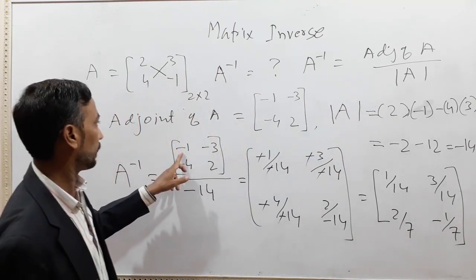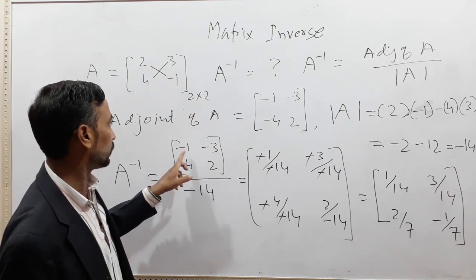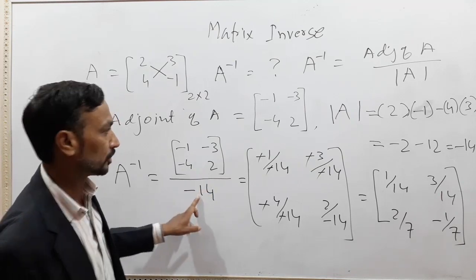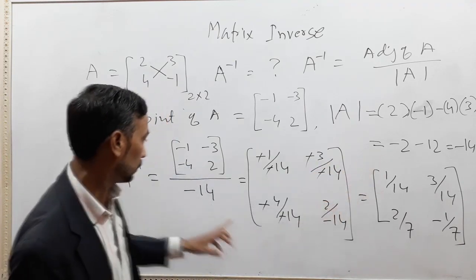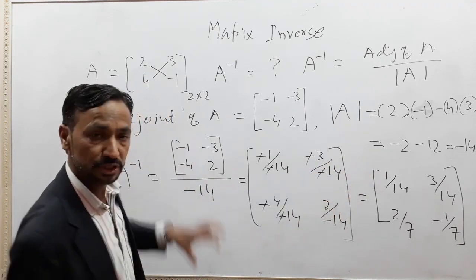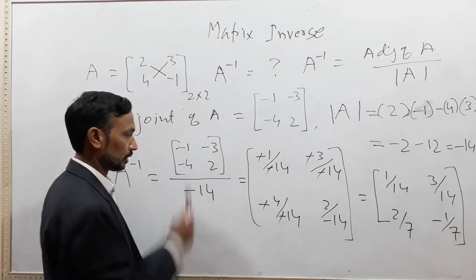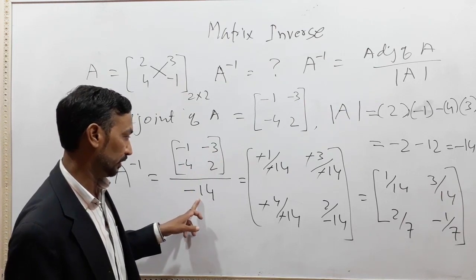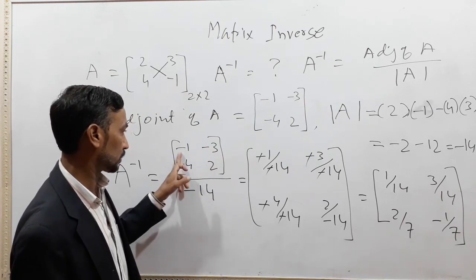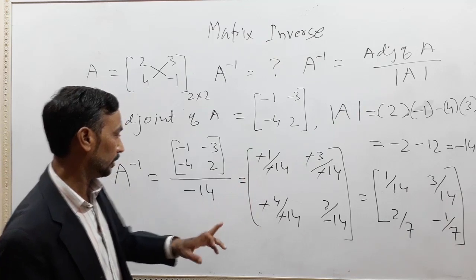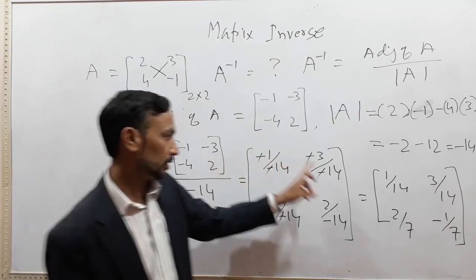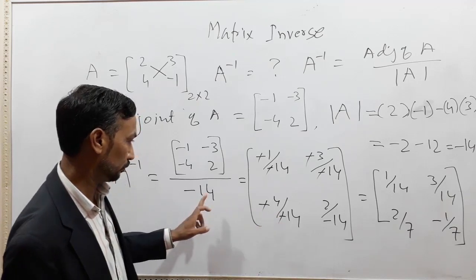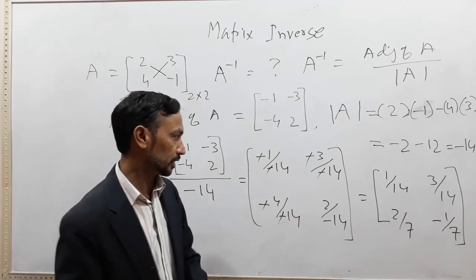The adjoint is minus 1, minus 3, minus 4 and 2, and the determinant is minus 14. Each element present in the adjoint will be divided by the determinant. So it will be minus 1 divided by minus 14, minus 3 divided by minus 14, minus 4 divided by minus 14, and 2 divided by minus 14.